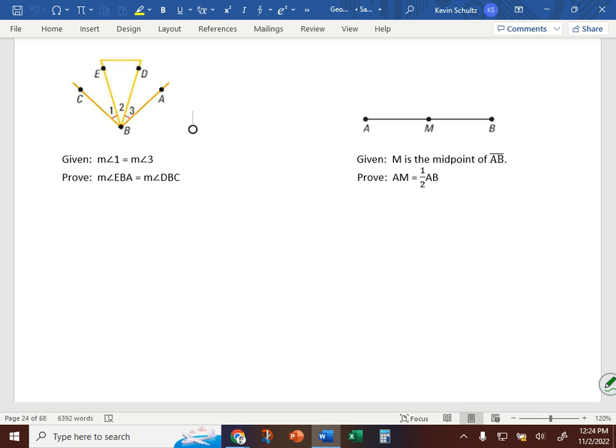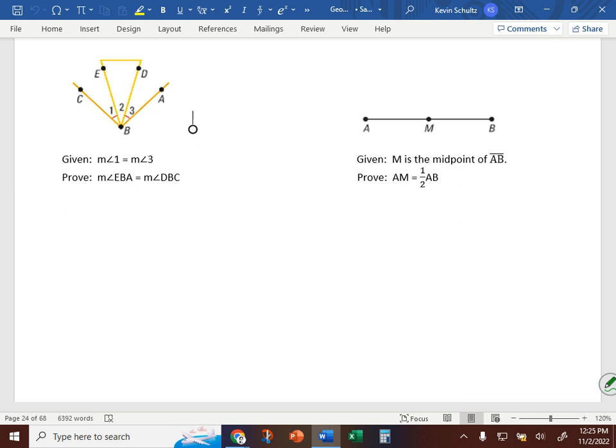Given angle 1 is congruent to angle 3, our job is to prove angle EBA is equal to the measure of angle DBC. So take a look at what we have here. Angle 1 and angle 3 are clearly marked. They're marked congruent in the diagram as well.